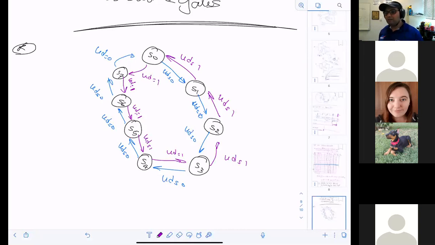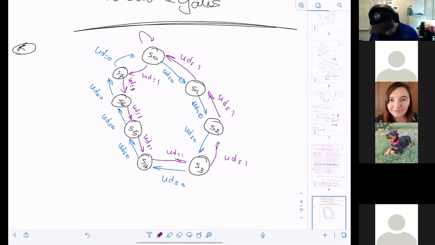But what if you add a reset and enable? How is it gonna work? It's gonna be more and more complicated, right? You'd have to have it go back to S0 all the time if you reset.